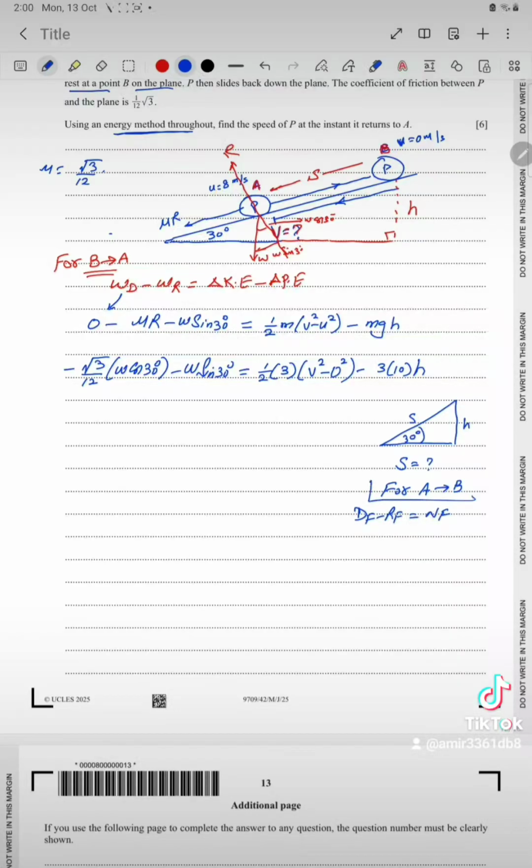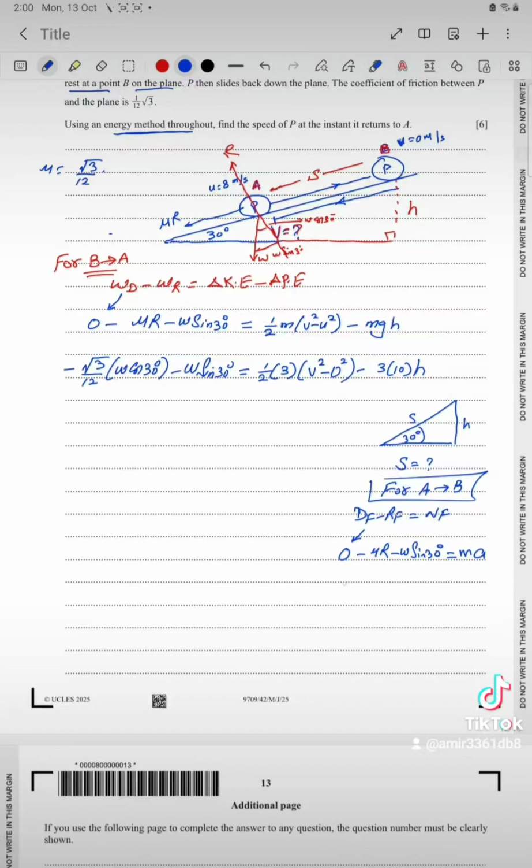No force is given to us, it was only the speed which is throwing it up, and the resistive force will be mu R minus W sin 30, which is equal to net ma. We are going to find the acceleration with which it is going to decrease when at B the speed becomes 0 and the particle is instantaneously at rest.